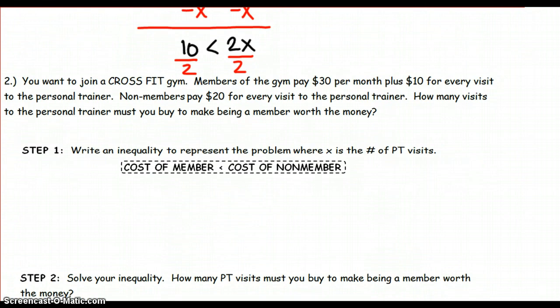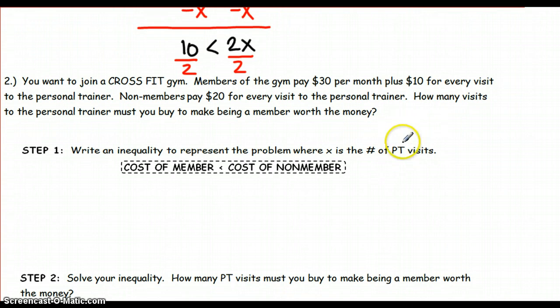Number 2, you want to join a CrossFit gym. Members of the gym pay $30 per month plus $10 for every visit to the personal trainer. Non-members pay $20 for every visit to the personal trainer. How many visits to the personal trainer must you buy to make being a member worth the money? Step 1. Write an inequality to represent the problem where X is the number of personal trainer visits.